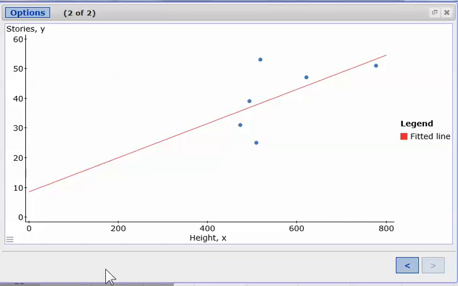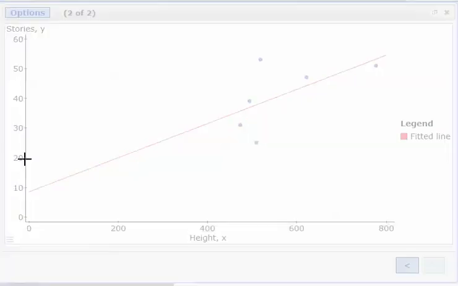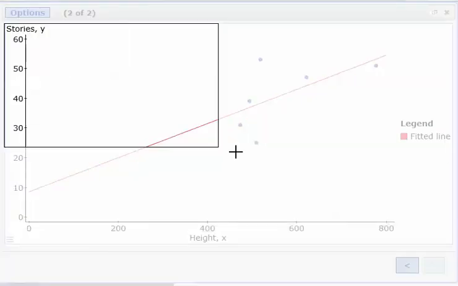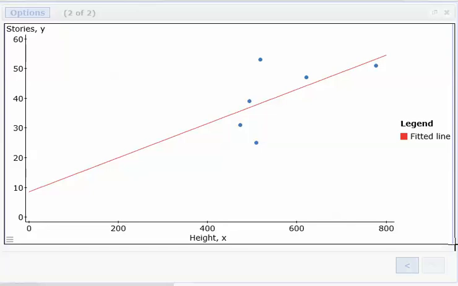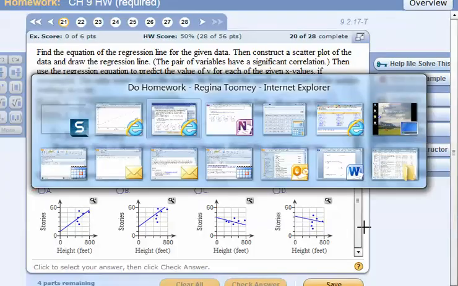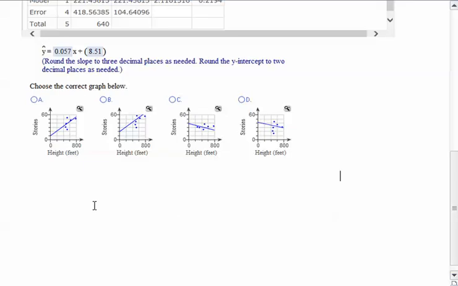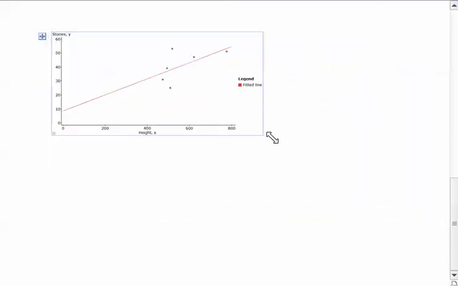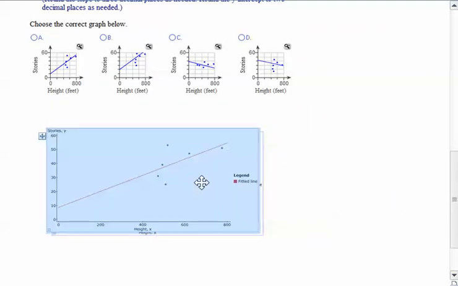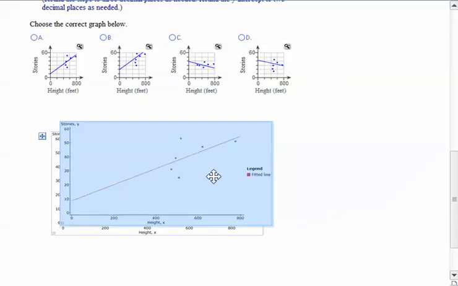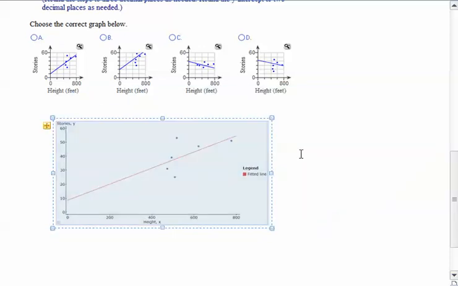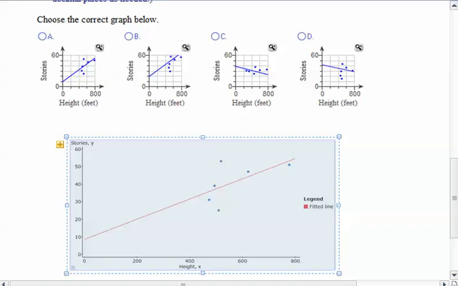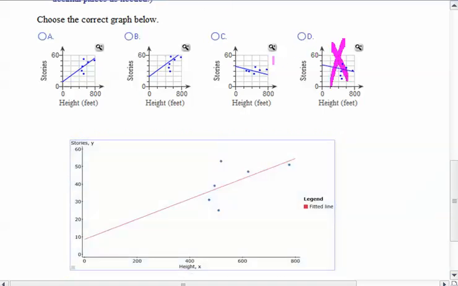Yeah, look at that. Now we got to match this thing up. It's still a little off scale, but that's okay because of my screen. Got to match that up with one of those. Let's shrink it down. Does it go with C or D? Yeah, it definitely doesn't go with C or D though, because look at their slopes.